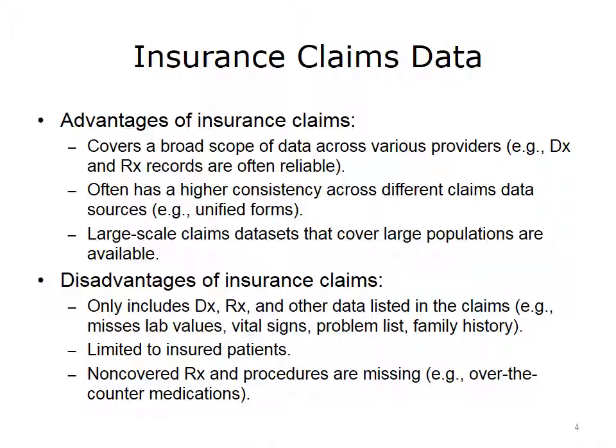For the same reason, the diagnosis and medication records that are extracted from claims often have a good reliability. In addition, because of the use of unified forms and electronic claims submissions, insurance claims often have a higher consistency across different claims data sources.